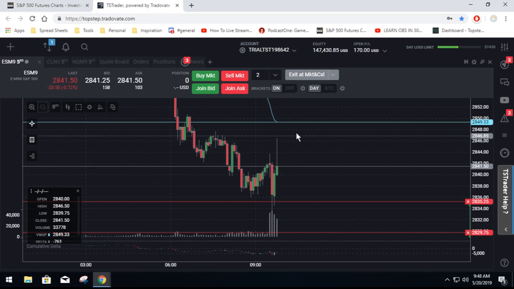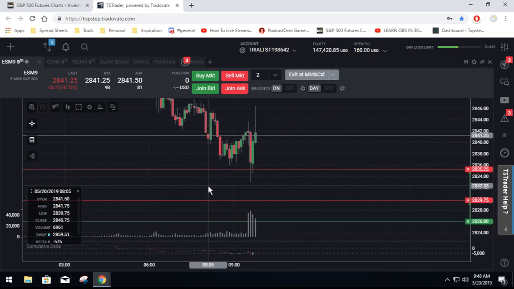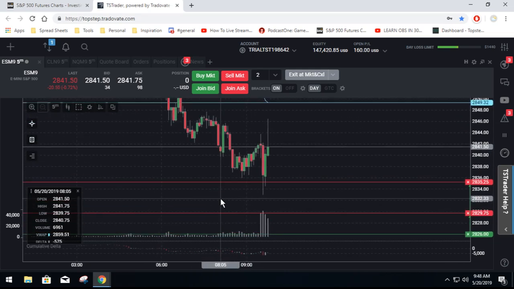You can see we're just bouncing around. We have gotten in and out from the 40s.